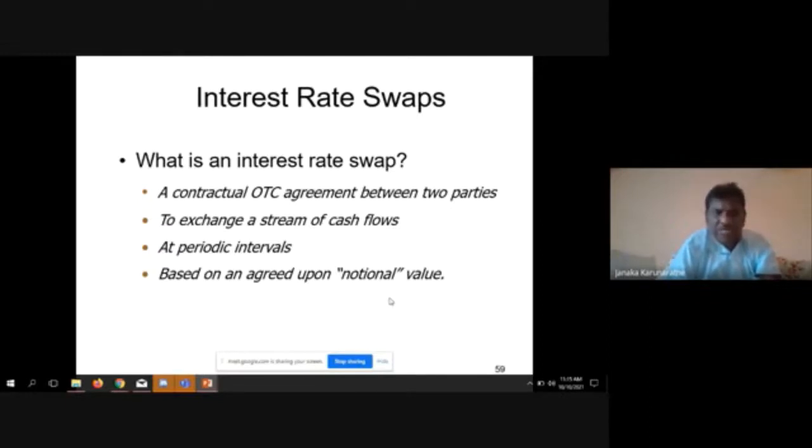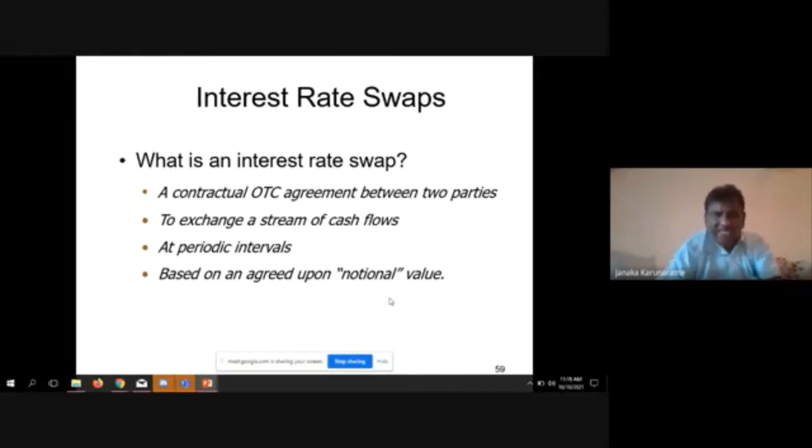OTC means an over-the-counter agreement between the two parties to exchange a stream of cash flows. So this is an extension of a FRA, because a FRA is a single period swap. It's one payment of exchange.